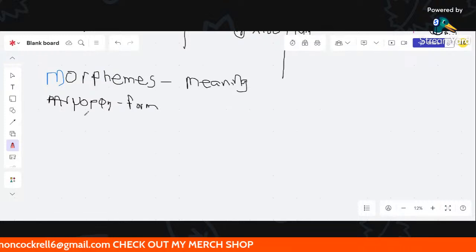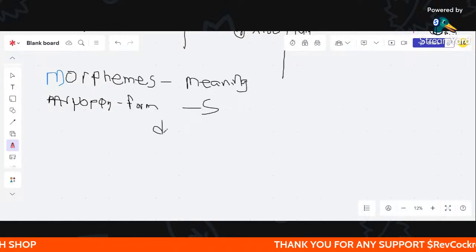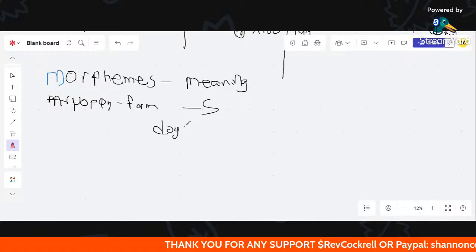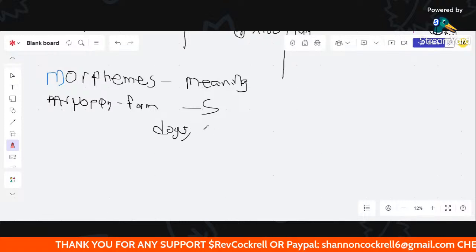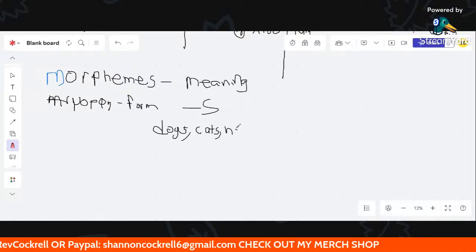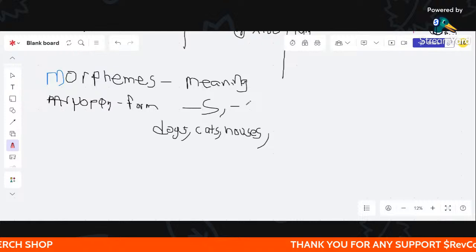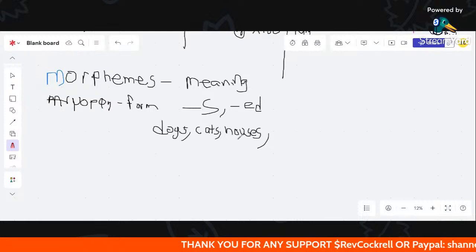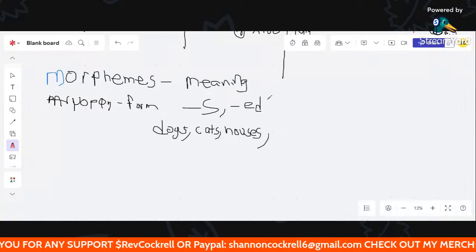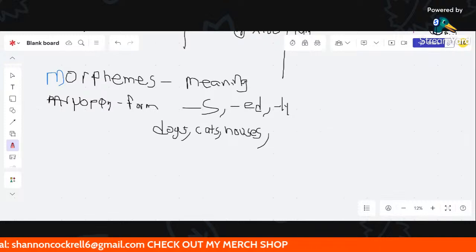So English morphemes, an example is an S. So dogs, cats, houses. Even you got your S, you got your ed that can do past tense, wanted, hoped, things like that. Ly, those are examples of morphemes.